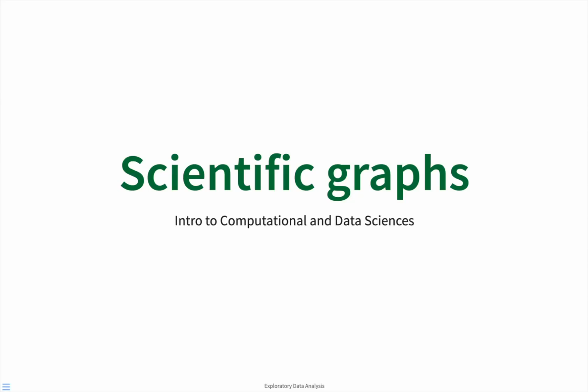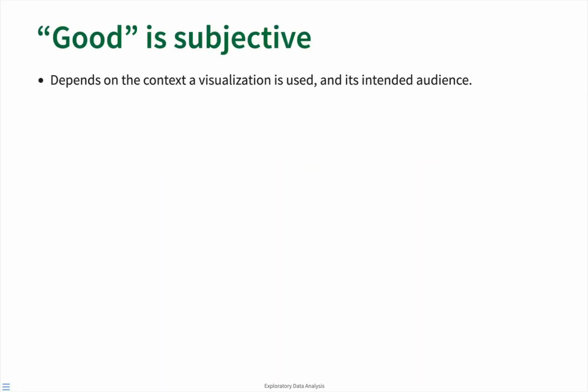In this video, we're going to talk about how to create graphs that are appropriate for a scientific context. The fact is that there are as many ways to create a good graph as there are contexts in which that graph might be used.